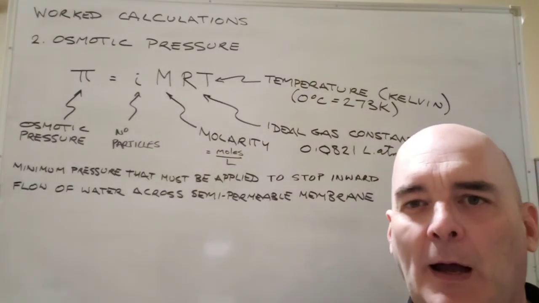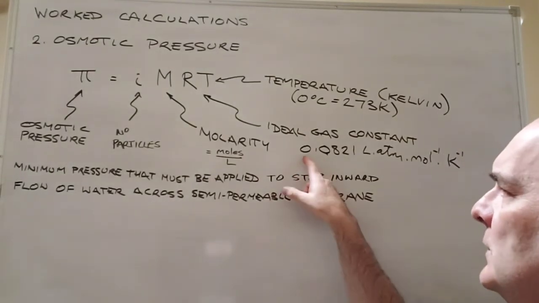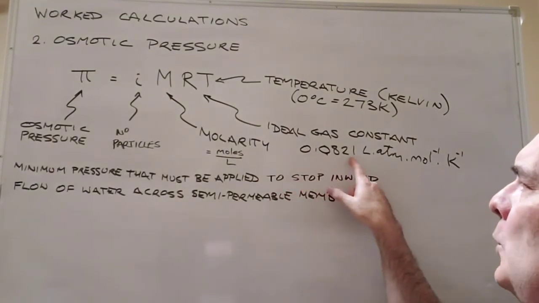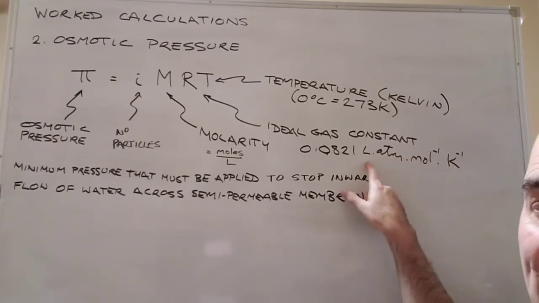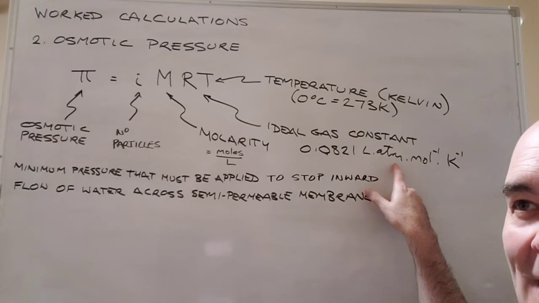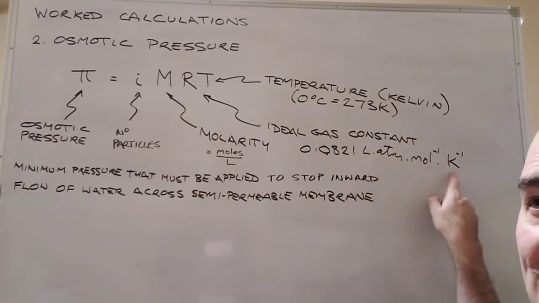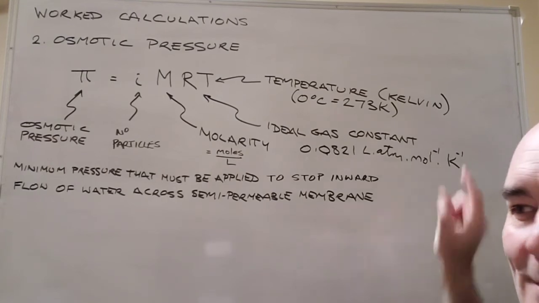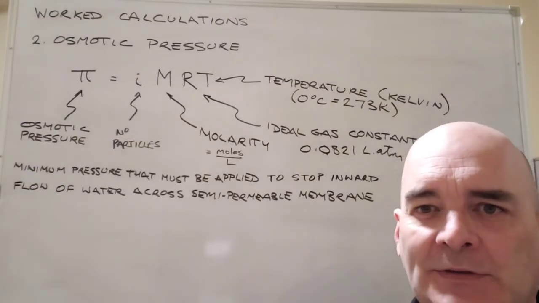Now, if you look that up, it comes in many different forms, but the one that we're going to use is 0.0821 litre atmospheres per mole per Kelvin. Litres are a volume, atmospheres is a pressure for gases, moles is a concentration for solutions, and Kelvin is a temperature. And the T here is temperature.